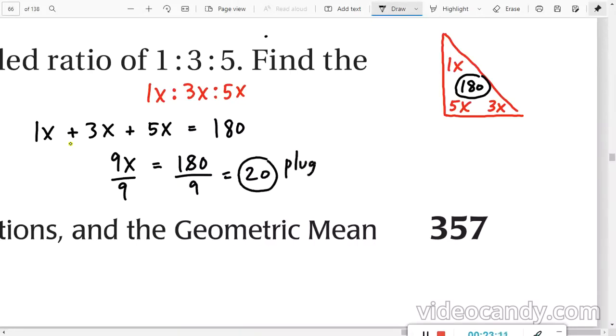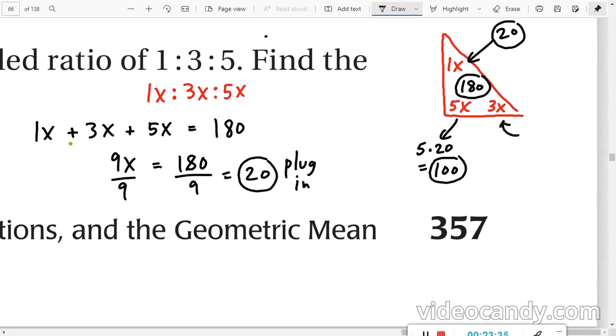How do you find each angle now? You plug it in. So the 1x is just 20, and the 5x is going to be 5 times 20, which is 100.